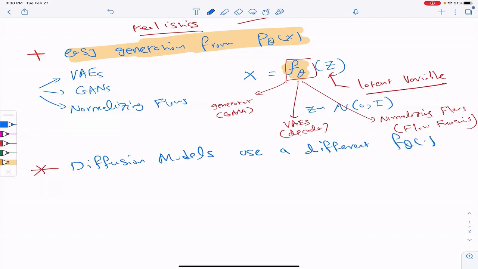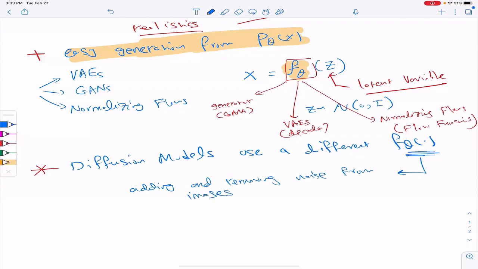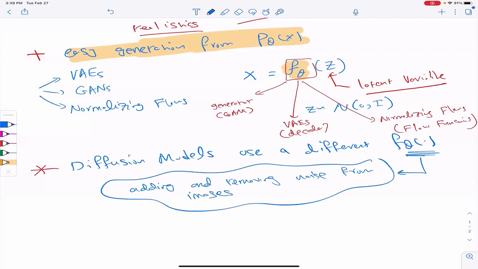And you're going to see this function f theta is going to involve adding and removing noise from images. This is going to be the set of functions that we are going to consider: functions that will add and remove noise recursively, and we are going to see how that function can, in fact, generate realistic samples.